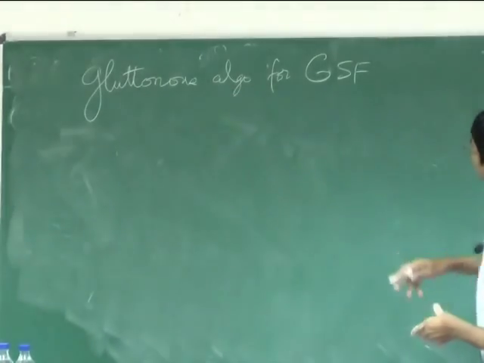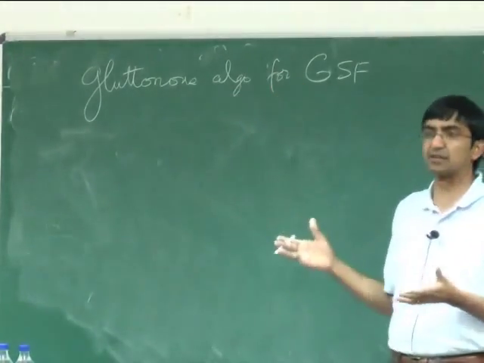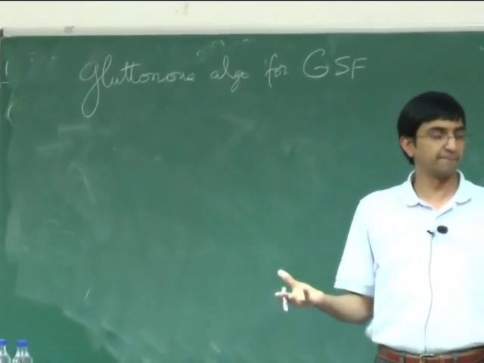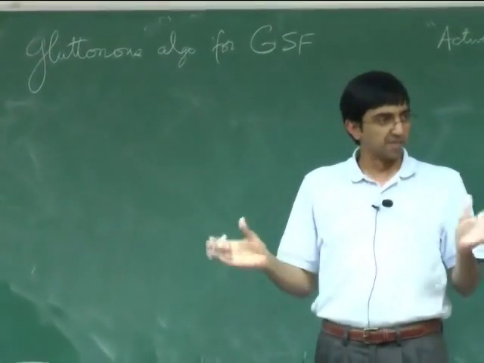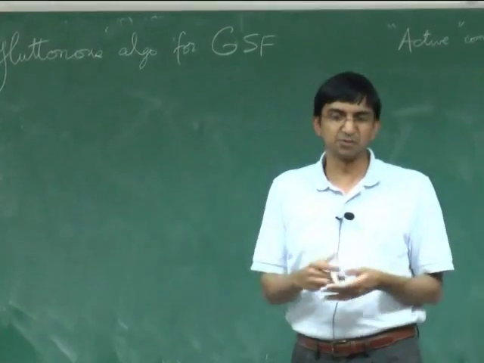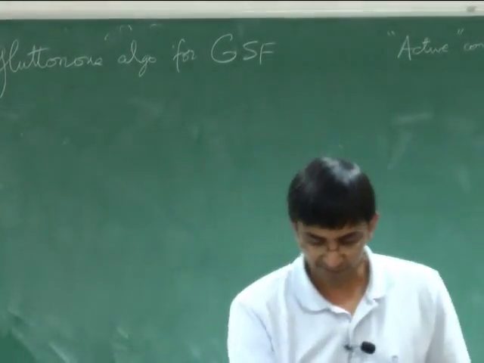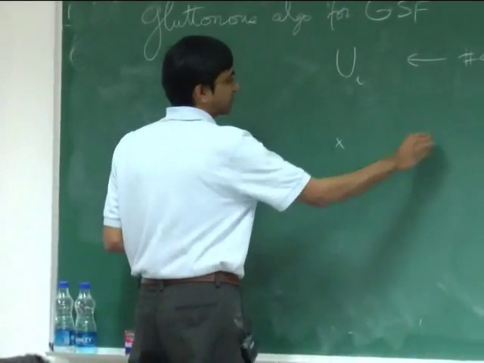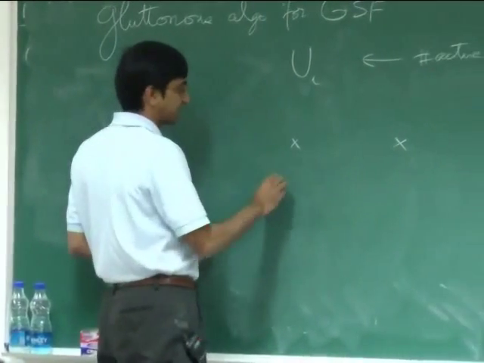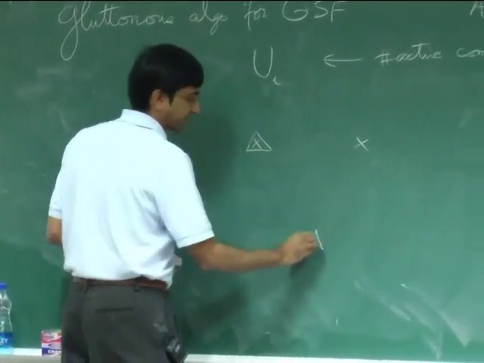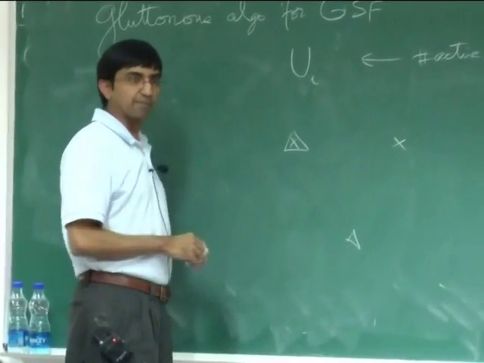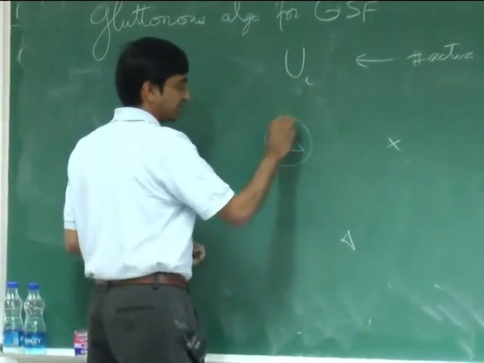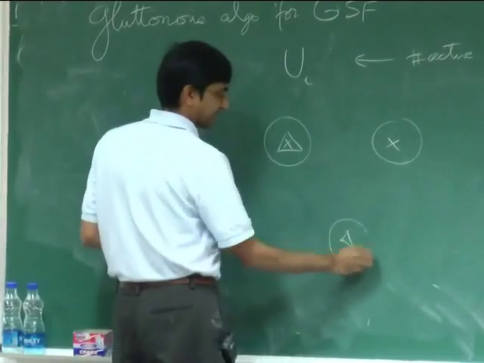So the gluttonous algorithm just picks the closest active pair, merges them, and continues. Think about this. Suppose there is this pair, and this guy is also a triangle pair. So the active components are this guy and this guy.